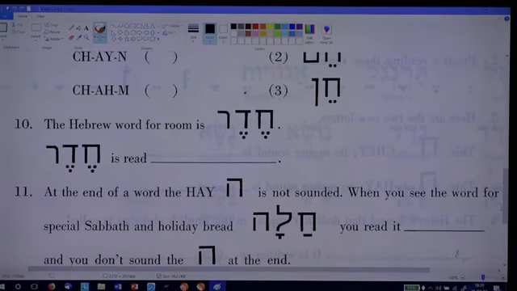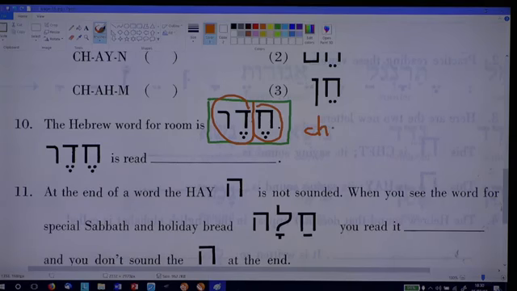This word, rat cheer, is the one I'm looking at. 2 syllables. There's 1 syllable. Here's the other one. And this is pronounced, this is the chet with a segol. It's pronounced heh.